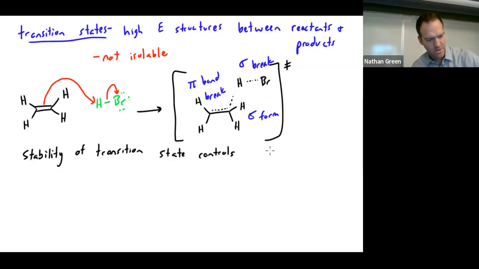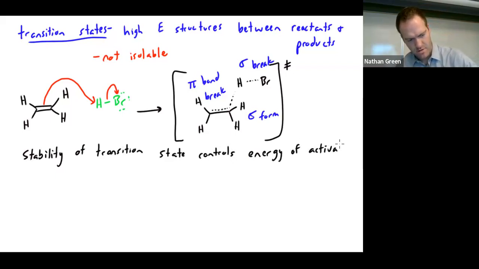I'll write this out. Controls the energy of activation, which is E sub A or delta G dagger. They mean the same thing.